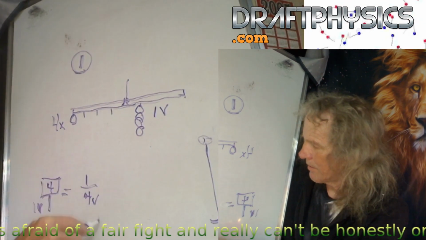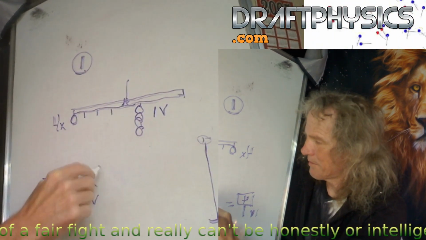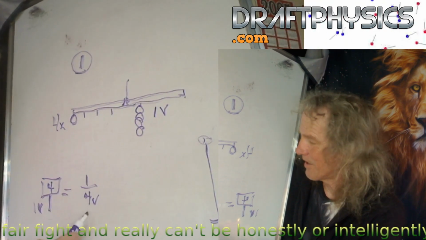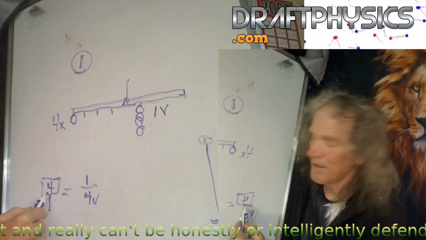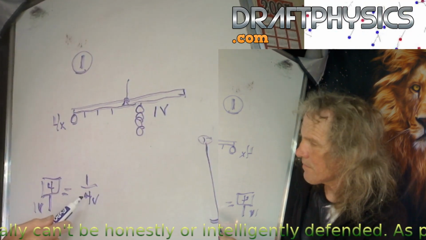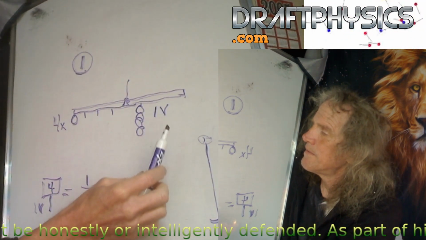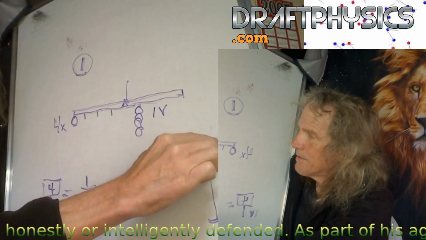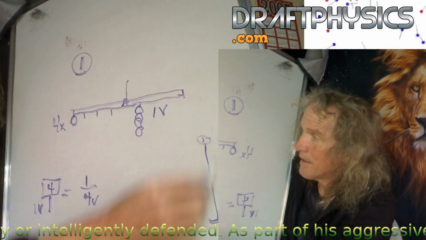I could illustrate it as a distance, but it's not going to be 4 times the distance, it's going to be 16 times the distance. So you've got to go a long way up to match the 4 mass to get 4 times the velocity. 4 times the distance to get 2 velocity. To get 4 velocity, I have to go 16.